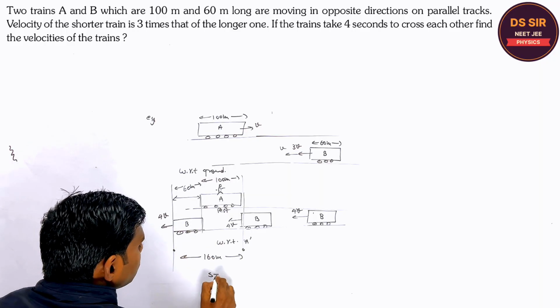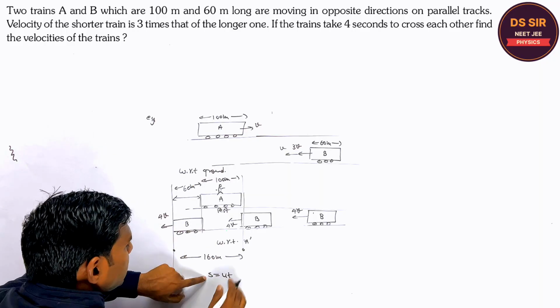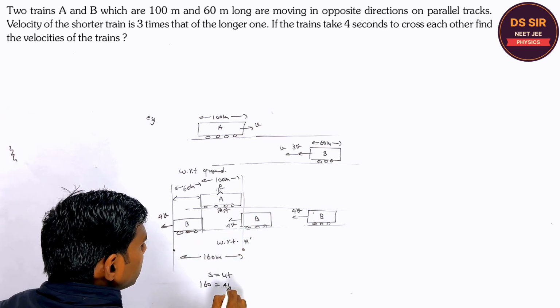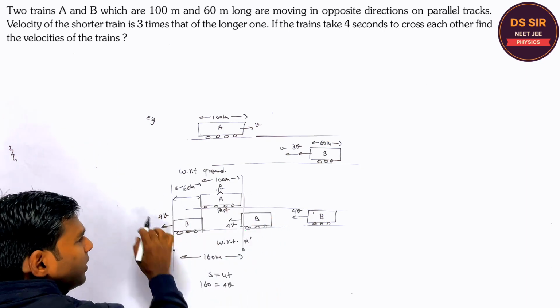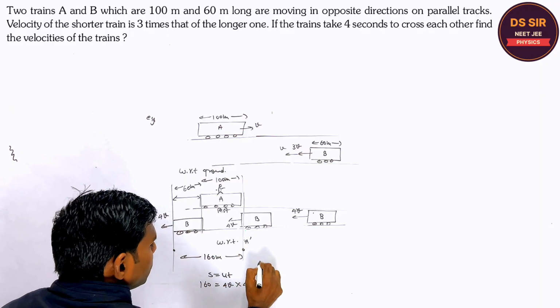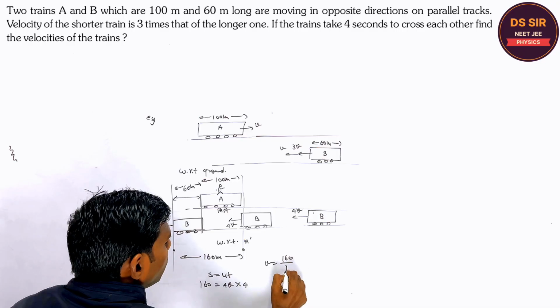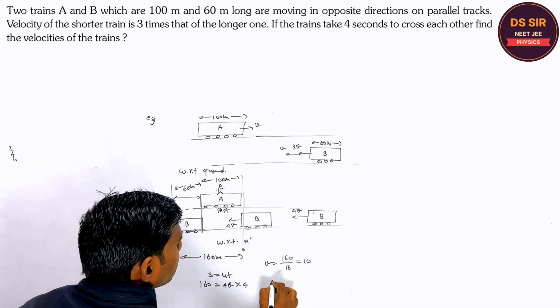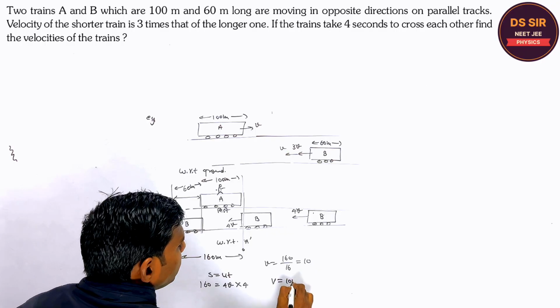So s is equal to ut. The distance is 160. By what speed is B moving? 4v. Time is 4 seconds. So 4v is equal to 160 upon 4, just 40, so v is 10. The velocity v is 10 meter per second.